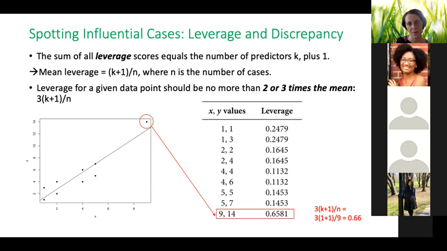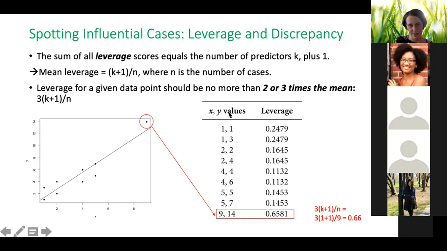Most of them are based on the mean leverage score. The mean leverage is k plus 1 over n, where n is the number of cases and k is the number of predictors. The rule is that the leverage for a given data point should be no more than 2 or 3 times the mean. So that shouldn't be more than 3 times k plus 1 over n.